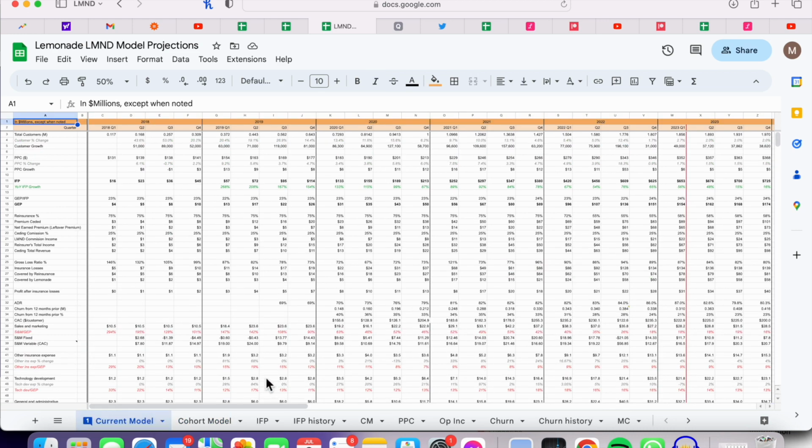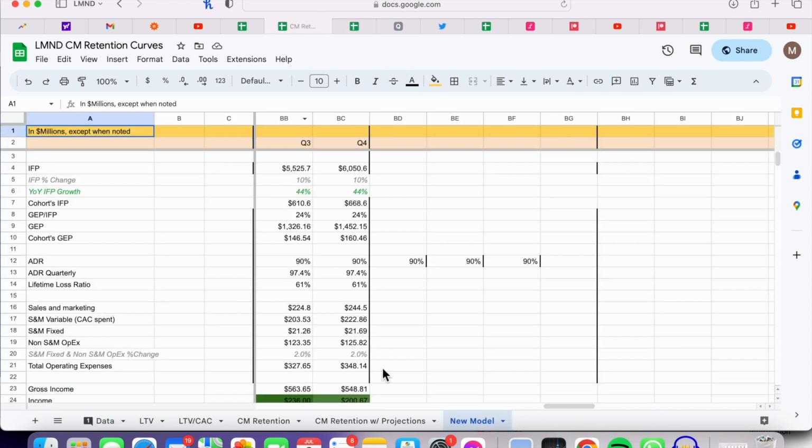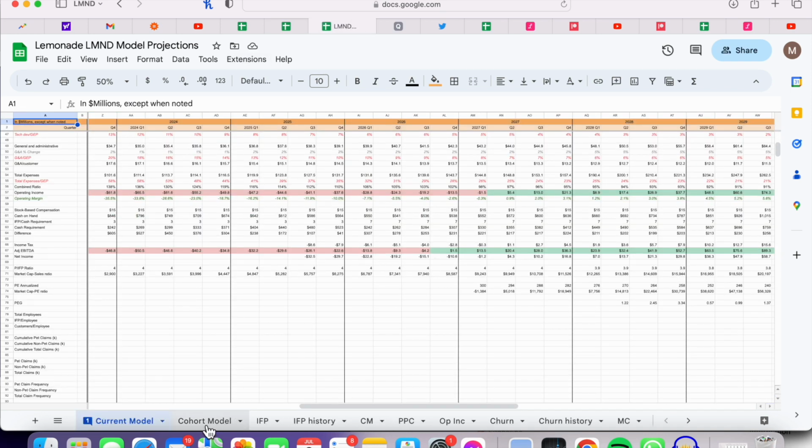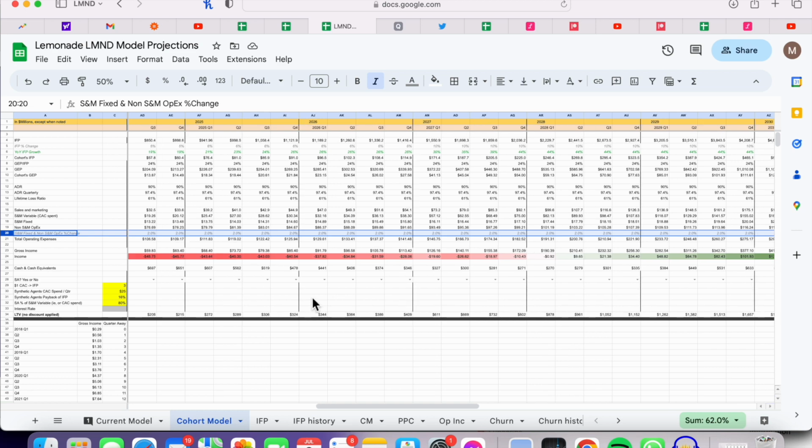I have profitability by 2027 there. It's more of a typical model rather than modeling from these cohorts. But now let's play around with it a bit.